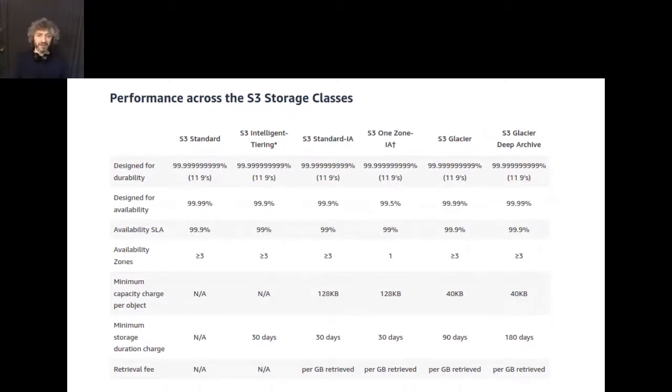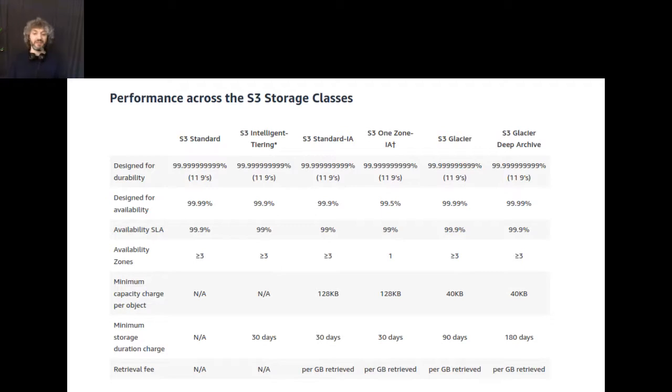The others keep at least 3 different AZs involved, so 6 copies of the data in 3 different data centers. The problem is that apart from the standard storage, all the other ones have a minimum commitment in object capacity and a minimum duration charge.